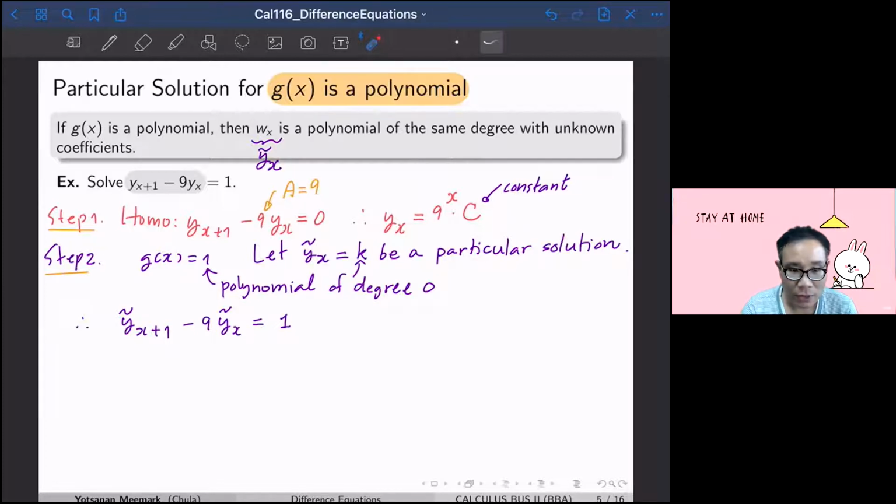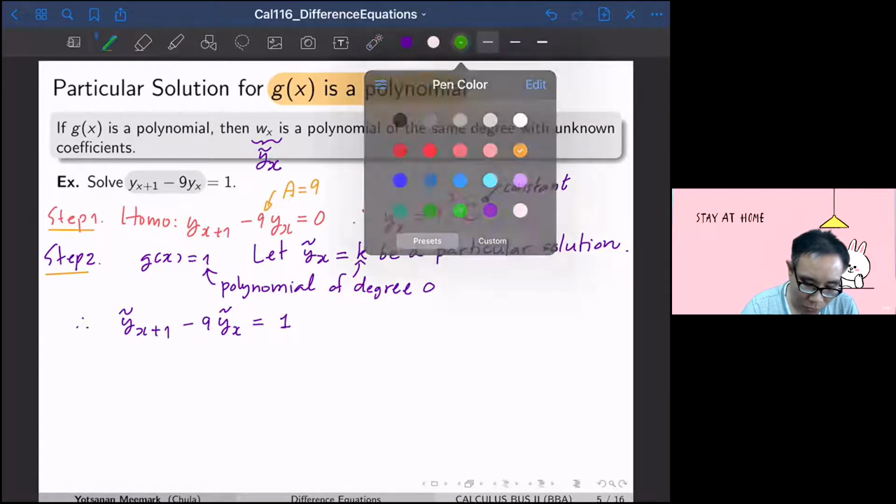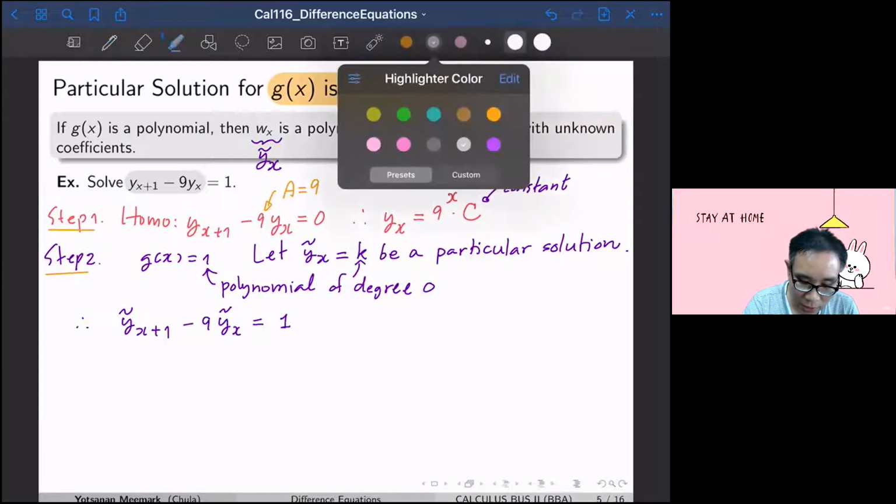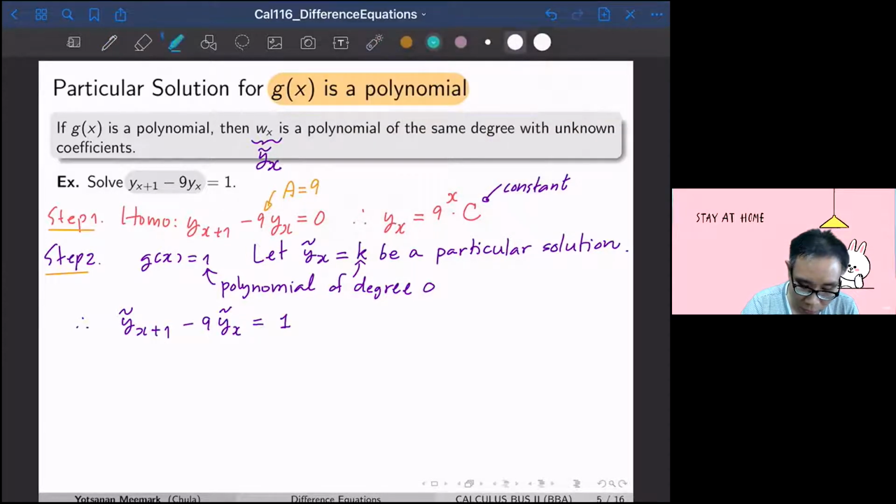And you have y(x+1) minus 9y(x) equal to 1, and you're going to plug in the value. So you're going to plug in y tilde of x equal to k. So this guy will be k, and this guy will also be k because it turns out to be constant.